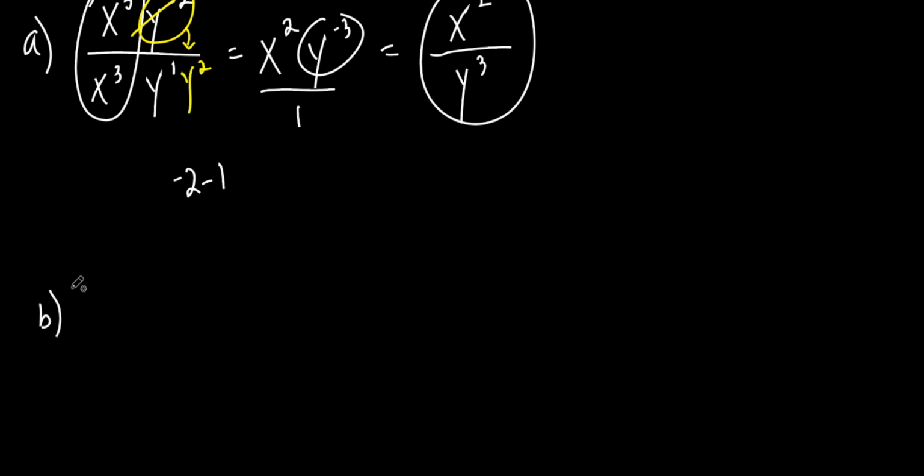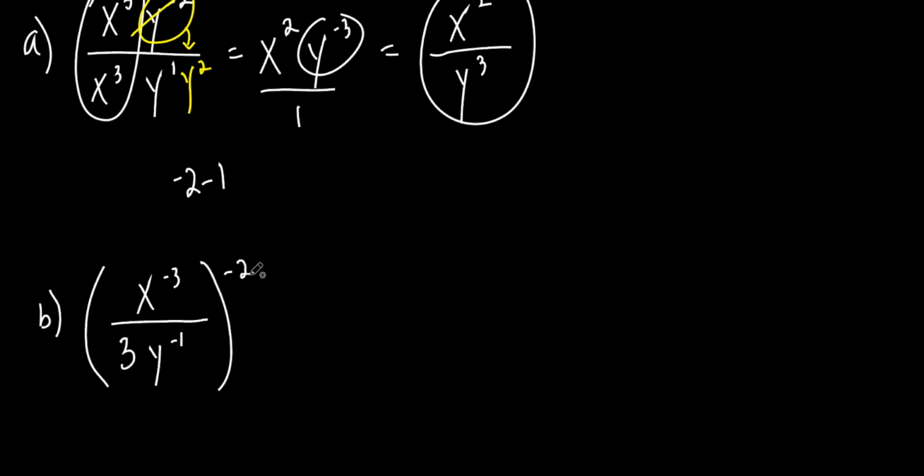All right, let's do this one. Now, this is really going to test everything that we've talked about yesterday and today. So if you can do this, then you're probably good. I'll give you half a minute. Again, I want you to simplify it, and I want all the exponents to be positive.